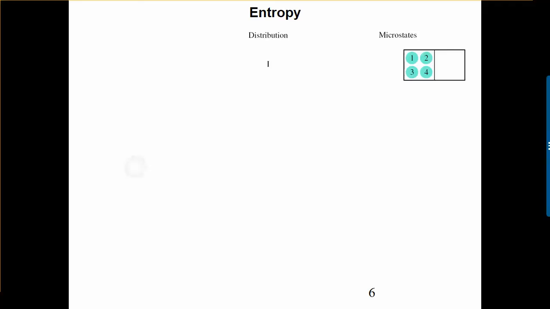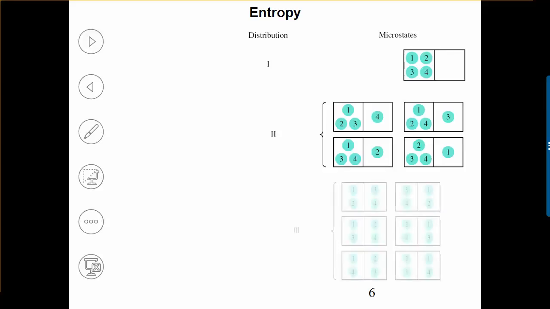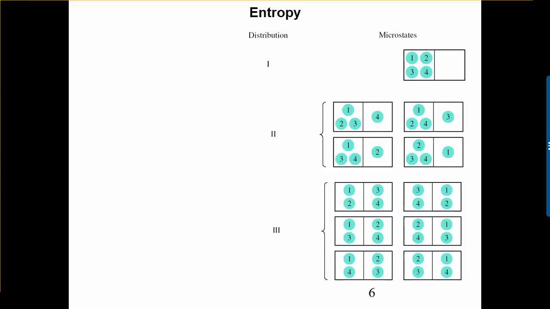And it has to do with these microstates. So here I have, let's say, 4 molecules of gas, and they can distribute themselves in the first situation into one of the two boxes. In the second situation, they can distribute themselves in this manner. In the next situation, they can distribute themselves in that manner. So this is a very simple example because there's only 4 molecules of gas here.